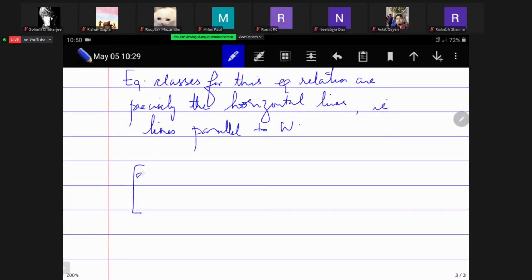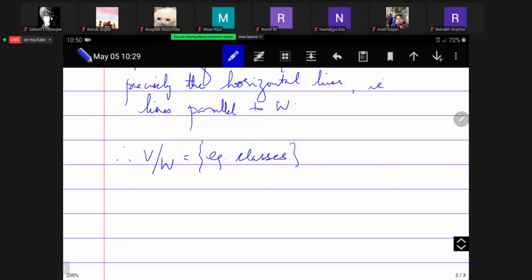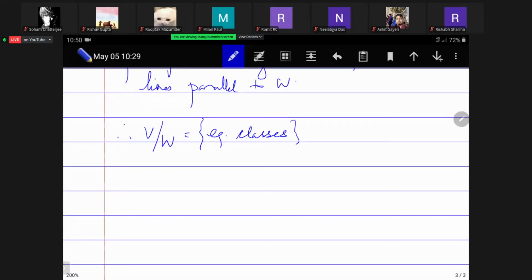So V mod W is a set of equivalence classes for this equivalence relation. To represent an equivalence class, we just have to say one element in it, and all things that are equivalent to it, all things that are related to it. That's all that we need to say.